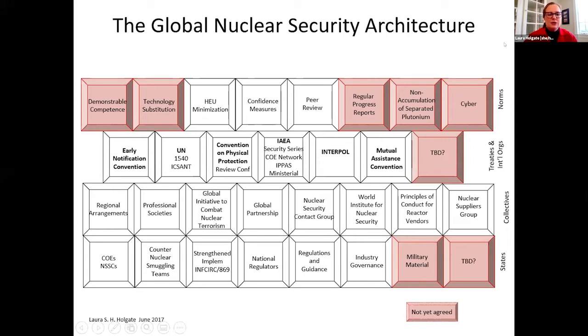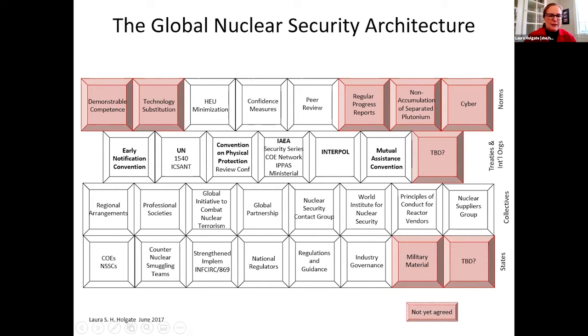Obviously, the challenge associated with separated plutonium in connection with its potential use for nuclear weapons continues to be a problem. The production of separated plutonium is increasing globally, and that's a very significant challenge.